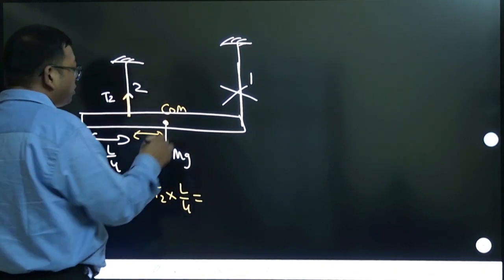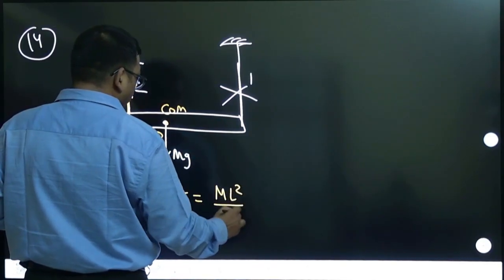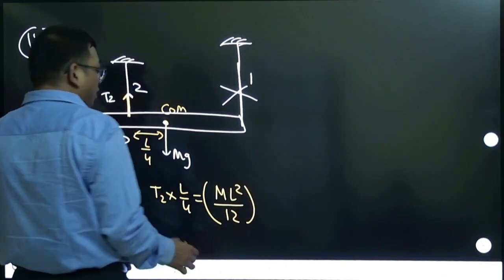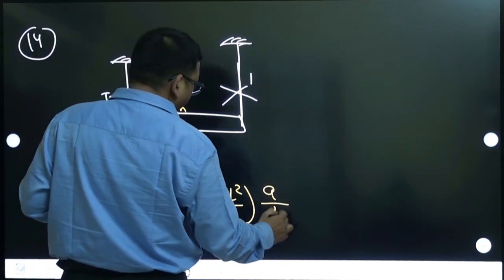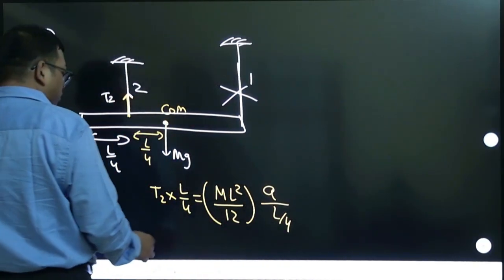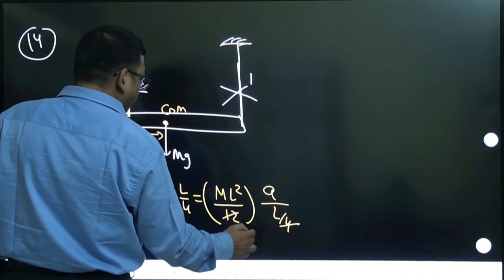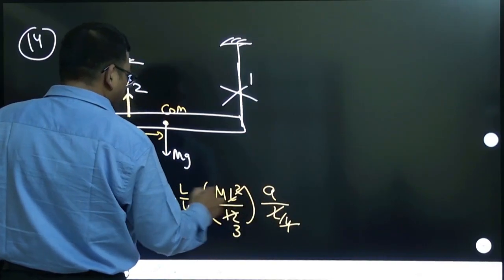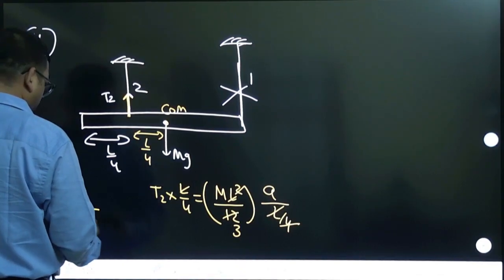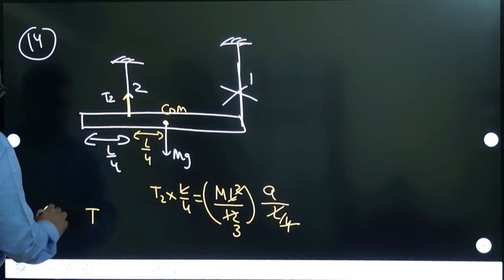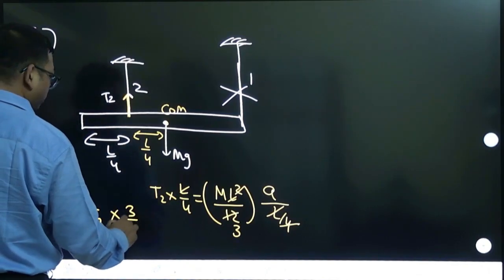And torque is I into alpha, so about the middle point, M L square by 12 I into alpha. Alpha can be written as A by R. This distance is L by 4. So check out from here calculations. So this 4 into 3, this L gone, this L also gone. So acceleration can be written as T2 times 3 by 4.